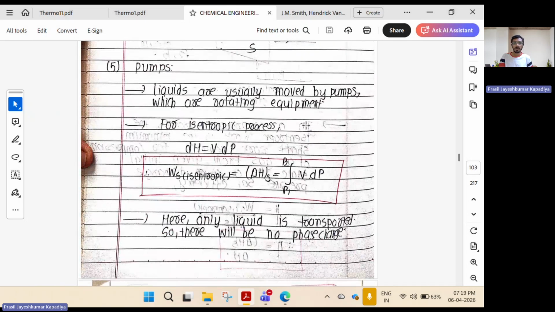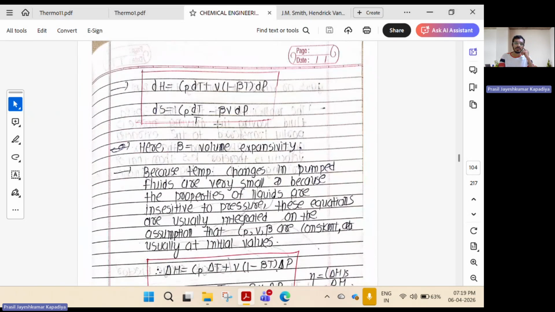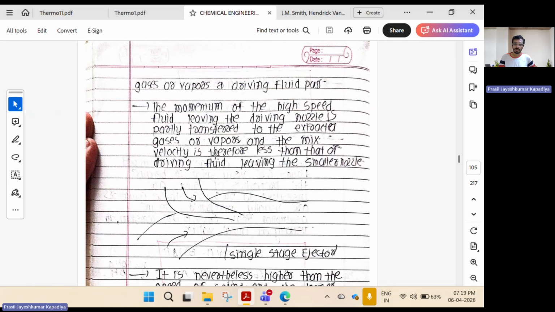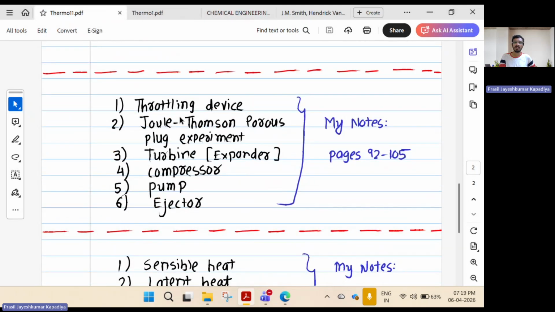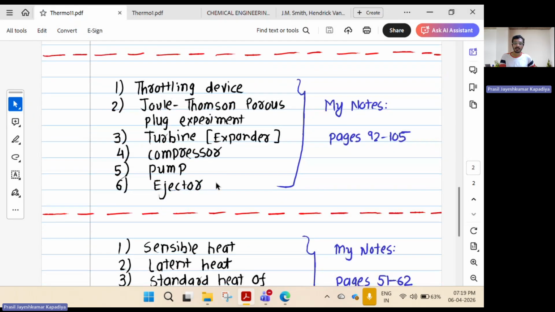Then pumps, we consider W is equal to VDP, and then we use this equation, and we had one example where we see that delta T can be neglected, and delta S is also very, very small, so we can take delta S is equal to 0. Now this is all what we covered: throttling device, Joule-Thomson porous plug experiment, turbine, compressor, pump, and ejector.